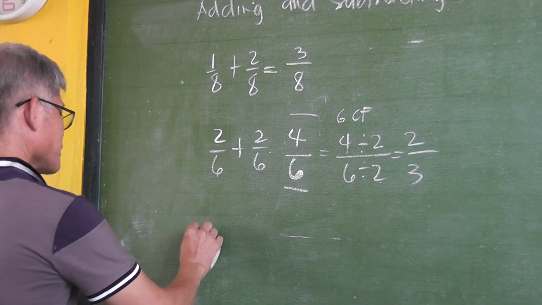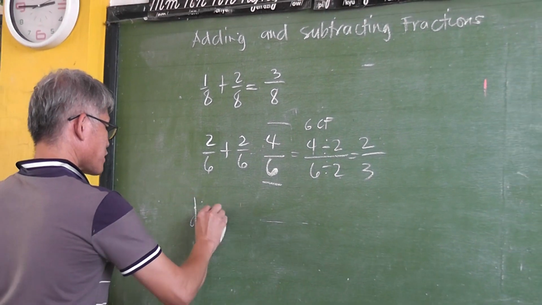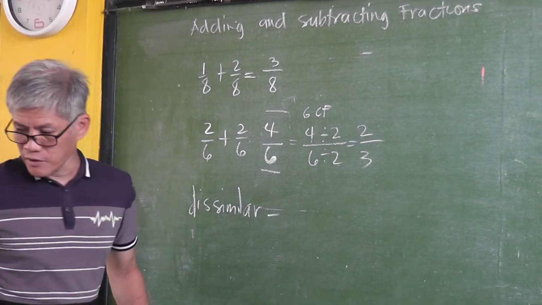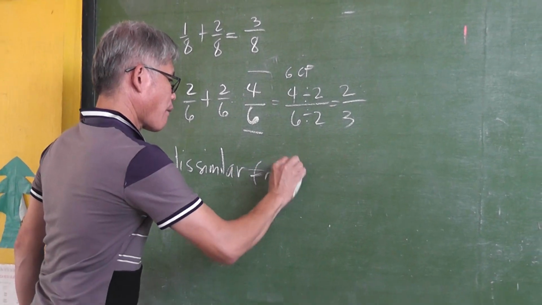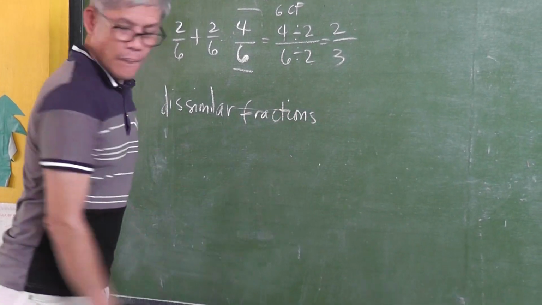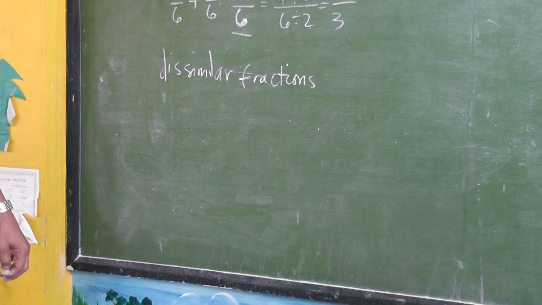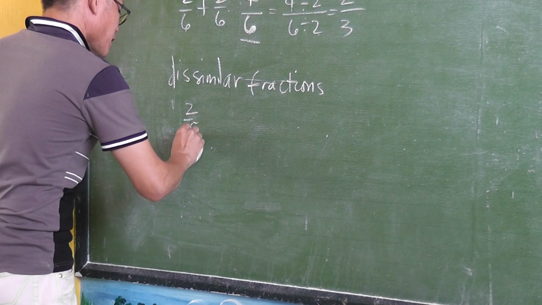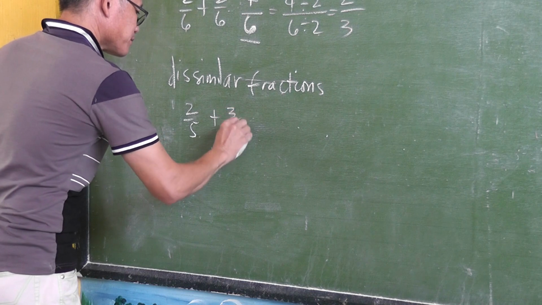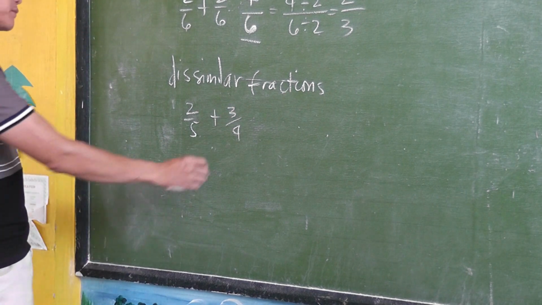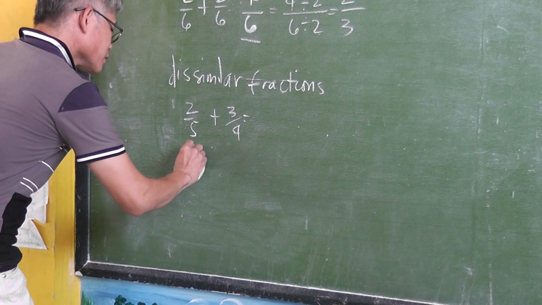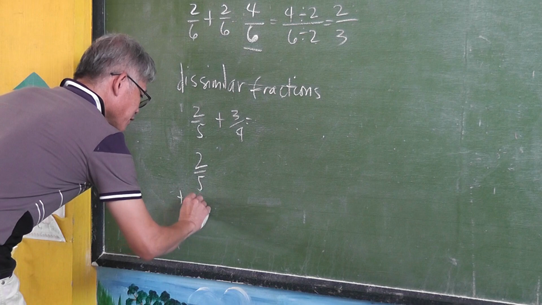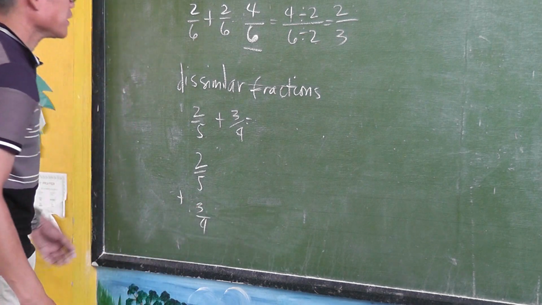Next we'll go to dissimilar fractions, or unlike fractions. Here, 2/5 plus 3/4.